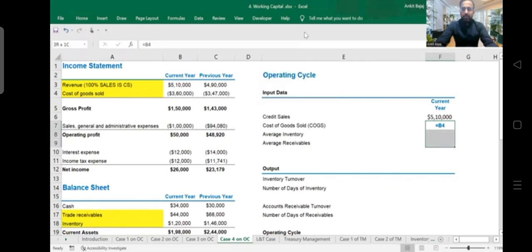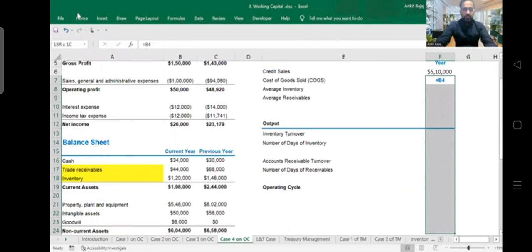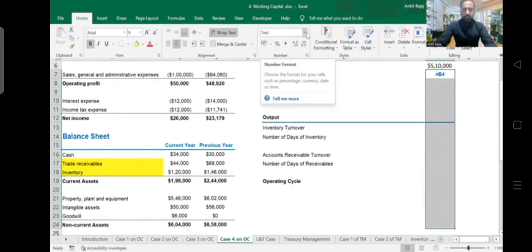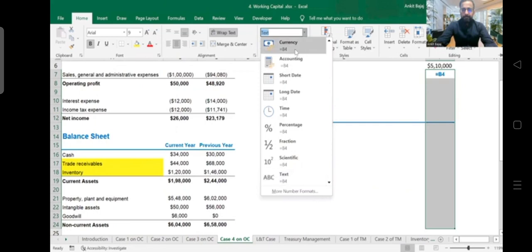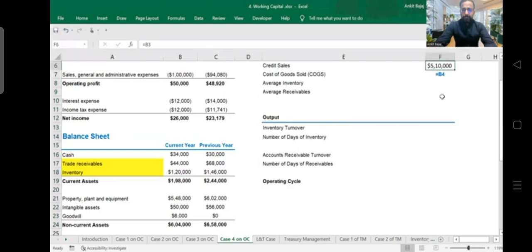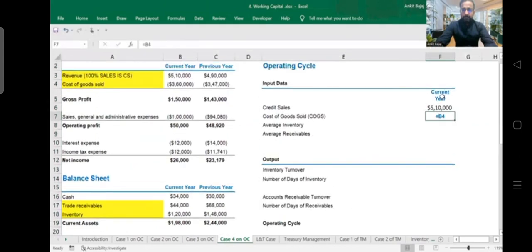So I will change the style here. It is 3,60,000 here, right?